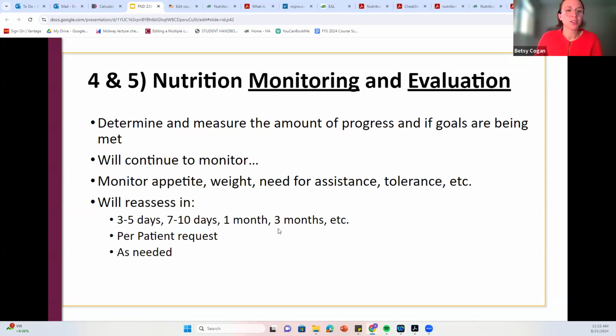So can we monitor appetite, weight, assistance, tolerance of the diet, etc.? And then what is the time frame? So when will we assess, when will we relook at these things to determine if that goal was achieved? So it could be as needed, it could be per patient request, it could be in a certain time frame. It all depends on the setting you're in, the follow-up policies and procedures, things like that.